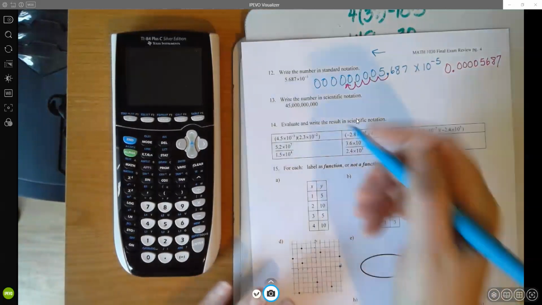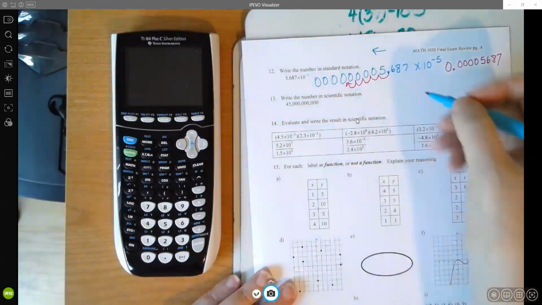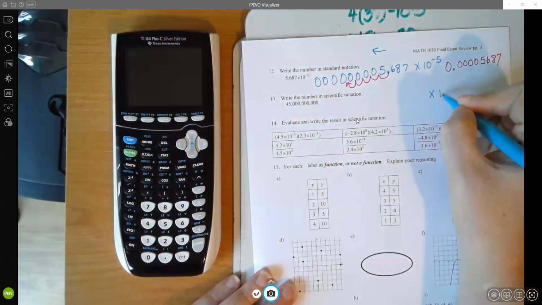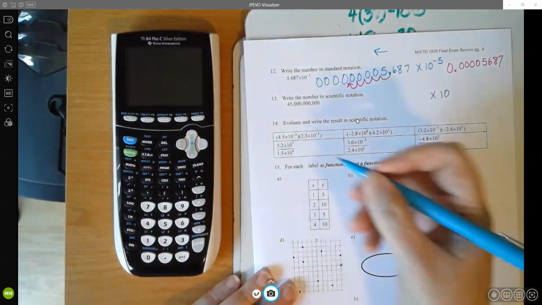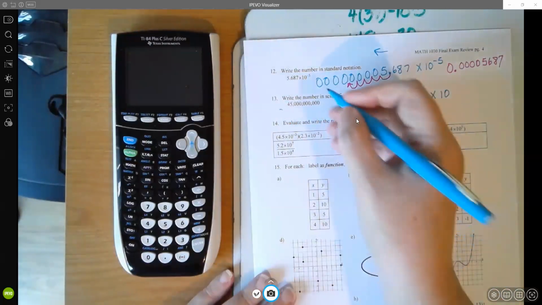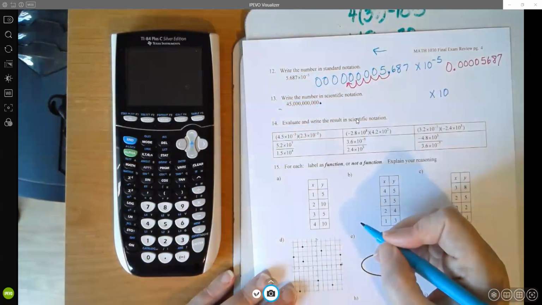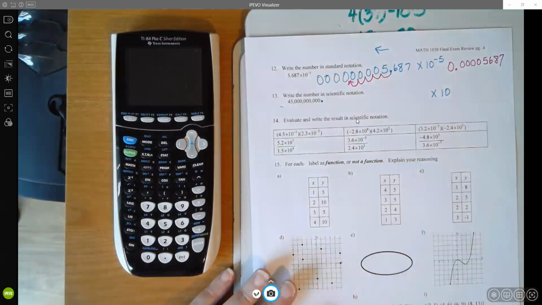In the next problem, we have write the number in scientific notation. So I'm going to have a number times 10 to a power. And I know by looking at a number, and I said this in an earlier video, that if there's not a decimal, the decimal occurs at the end. If I move it anywhere else, it changes the value of the number.